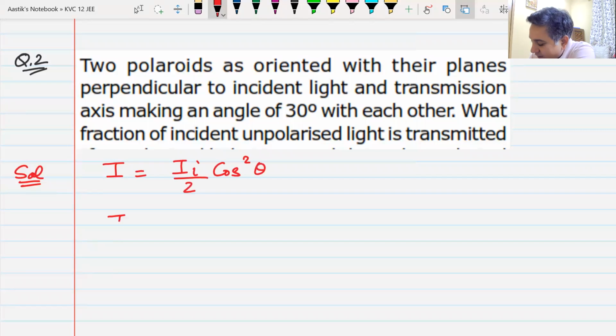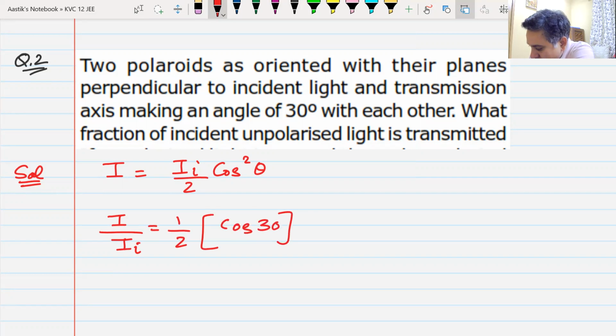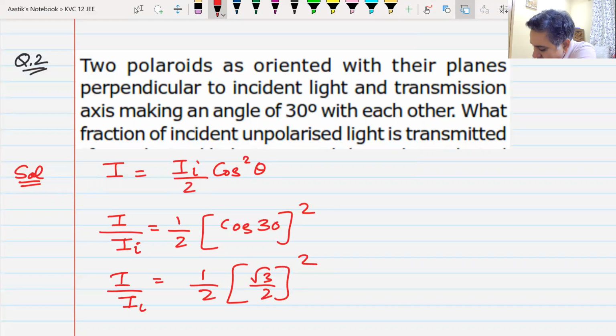So basically I need to find out what fraction passes. That means I divided by I naught, half cos square theta, cos of 30, square. Half, cos 30 is root 3 by 2 square, that is I by I naught, and that is 3 by 8. And that is the answer, my dear friends.